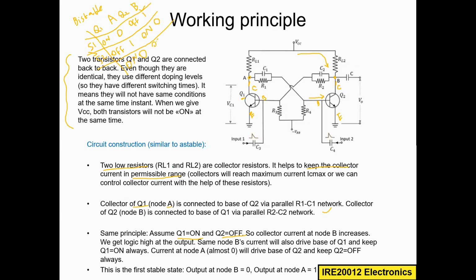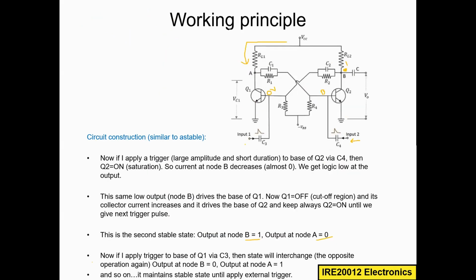Q2 is off, so the collector voltage will increase and node B will become 1. From step 1 to step 2, this is step 3. We are changing from step 2 to step 3 by applying this trigger signal.